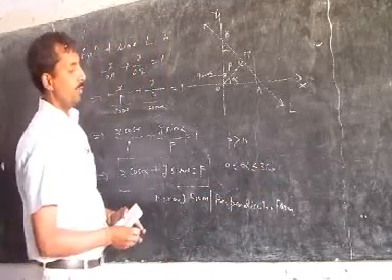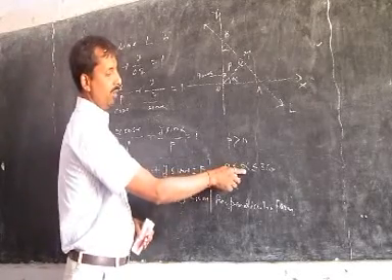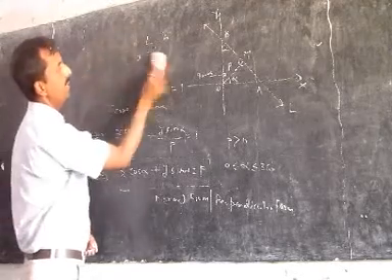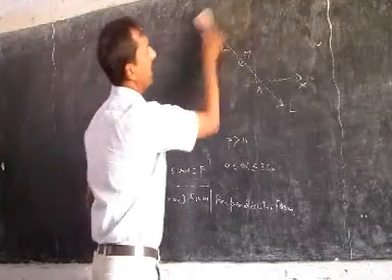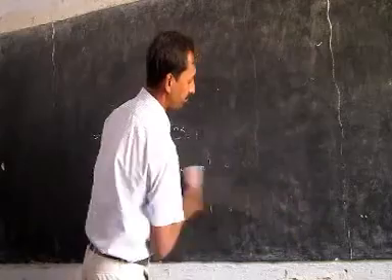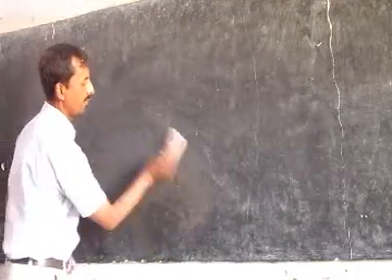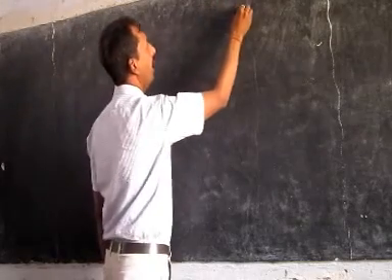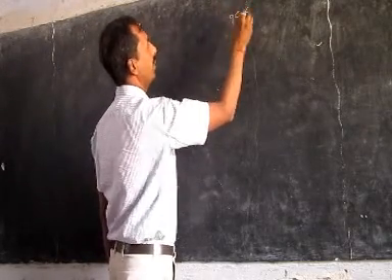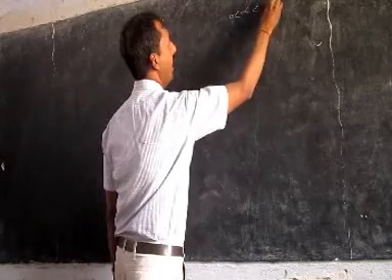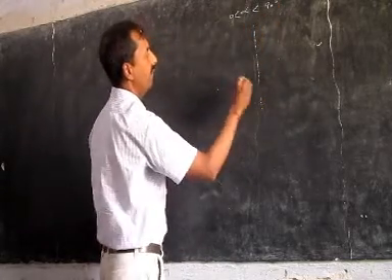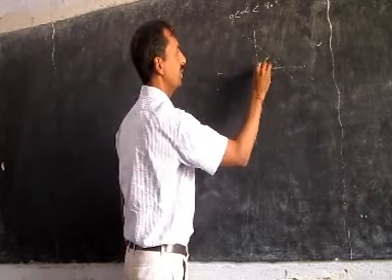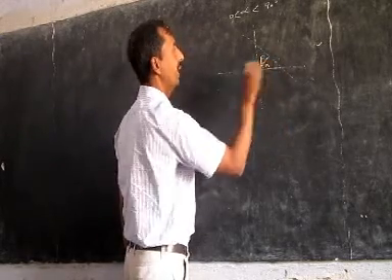Now, on changing the value of alpha, the graph of this line may vary. We can see like this. If alpha is greater than 0 and less than 90 degrees, the graph will be like this. So this is P and this is alpha.